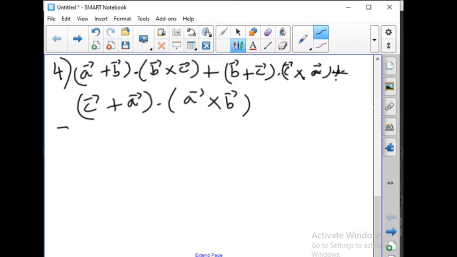Now this can be taken as, we will use the distributive property.